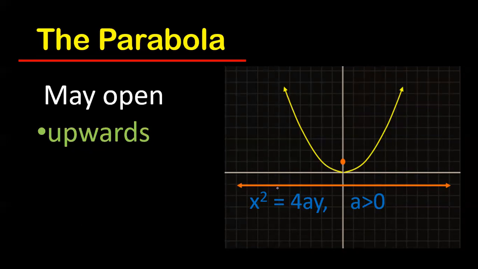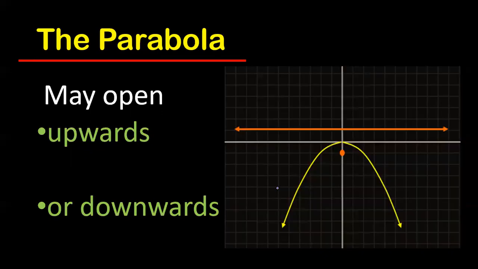Now, the parabola may also open downwards. If it opens downwards, then your focus will be below the origin and your directrix will be above the x-axis.